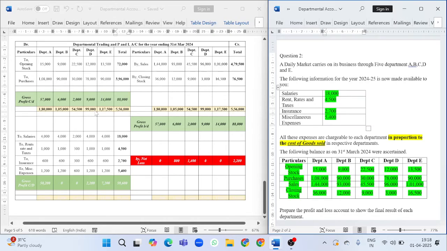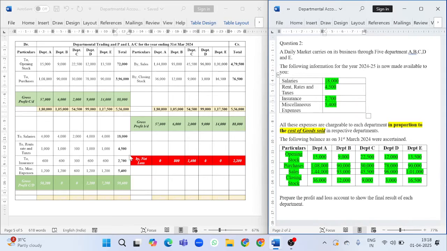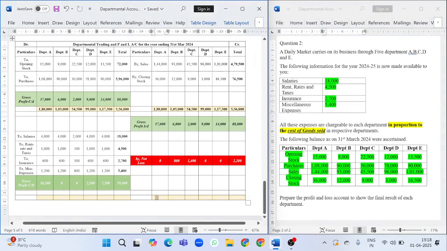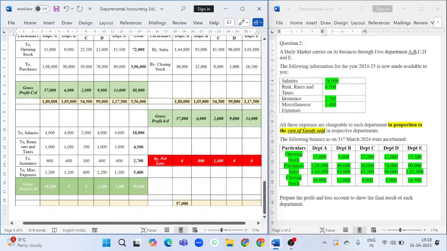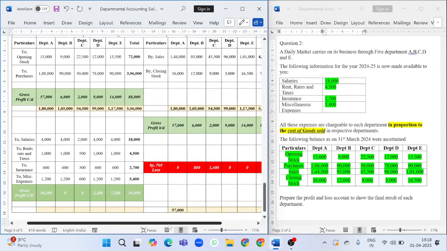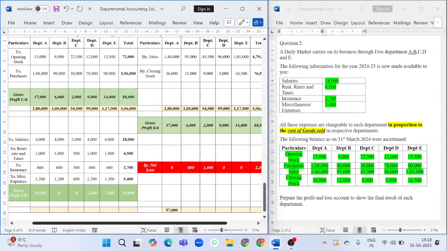Now again, if you want, you can just zoom the screen. Okay, yes. Now first let us check for department A, which side you are getting more. I think the credit side you are getting more. So what is the total of the credit side? It is 57,000. I think now we are able to see the screen more properly.